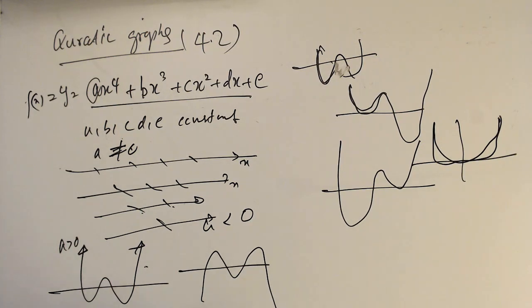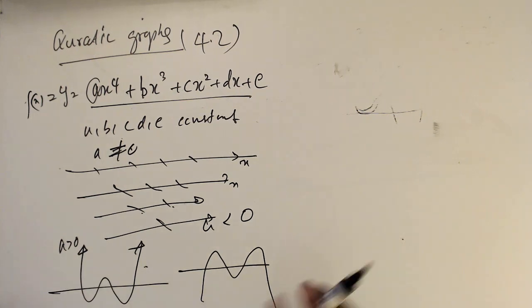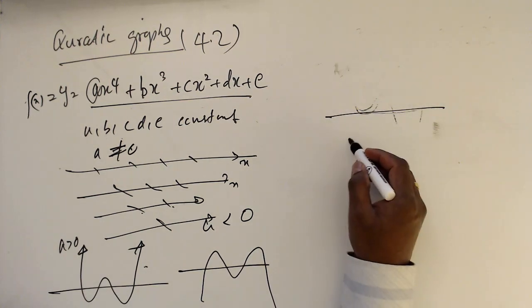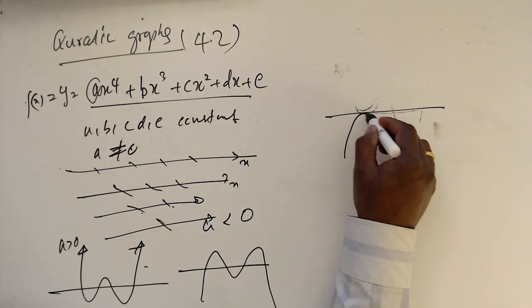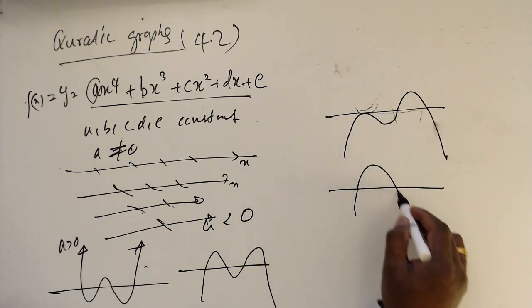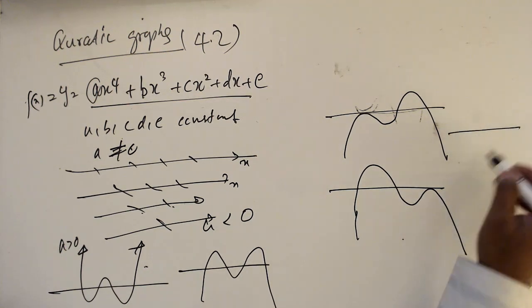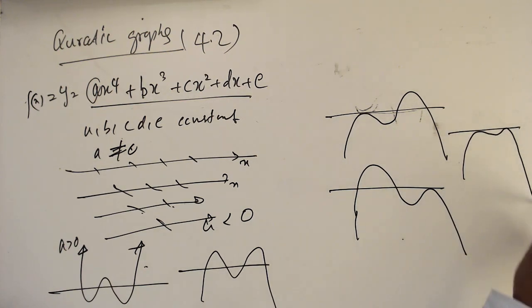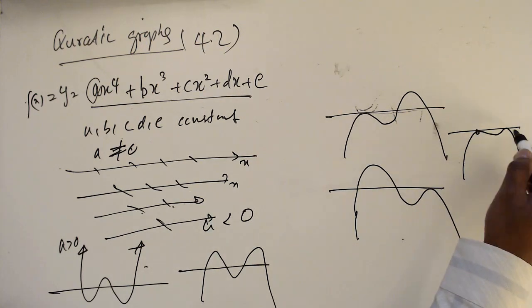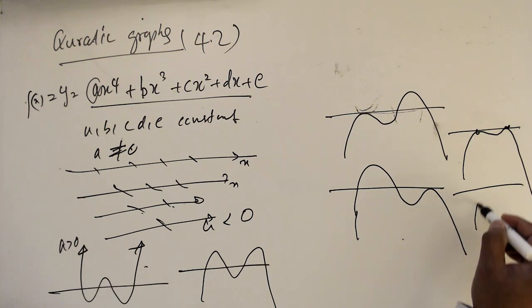If it is negative like this, then it's still the same. You may sometimes get this kind of graph, or this kind of graph, or you may get only two repeated roots, or only one.